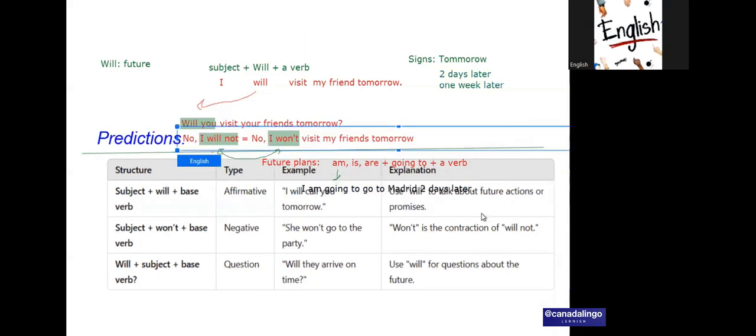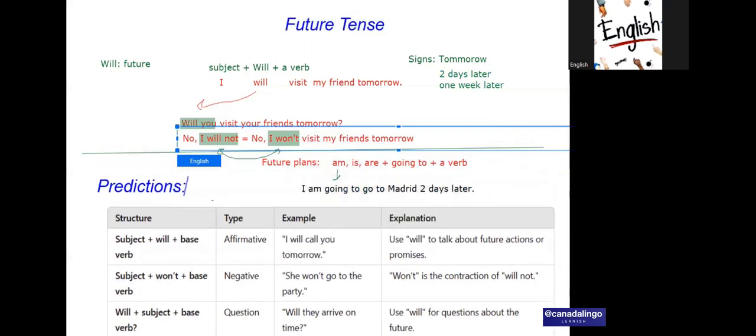So since I have plans, I use I'm going to. So I'm going to go. This is one formula. Going to, go. Go is a verb here.